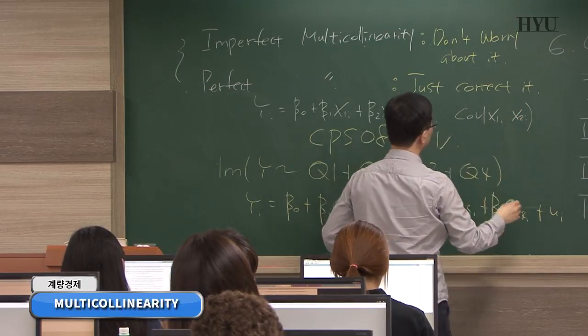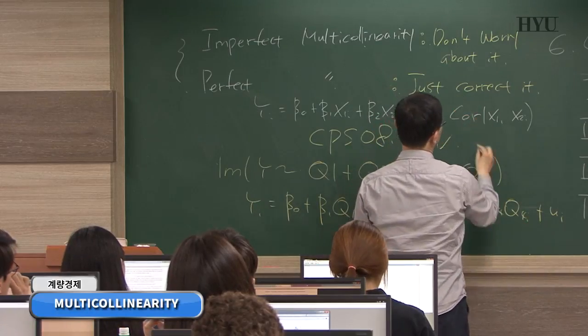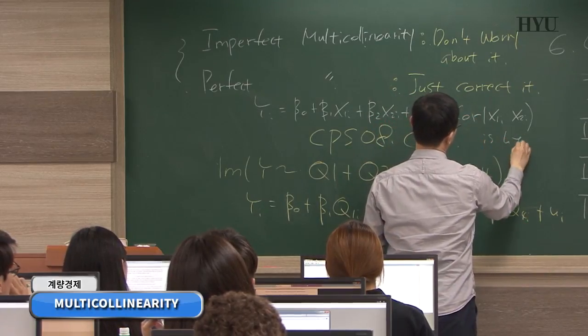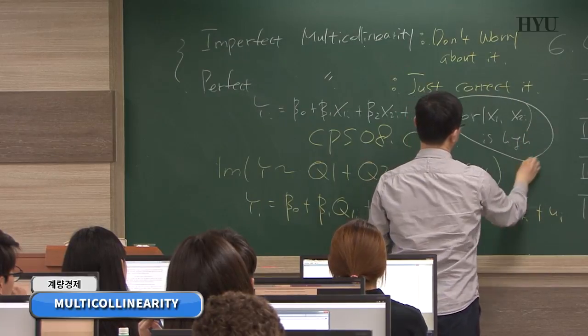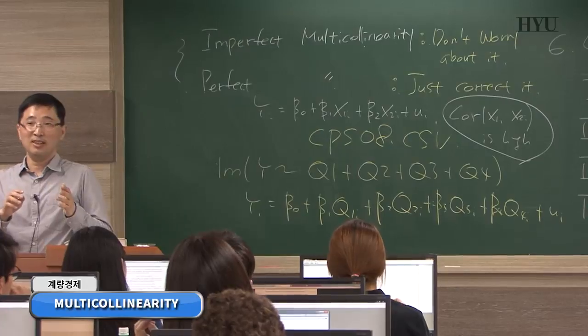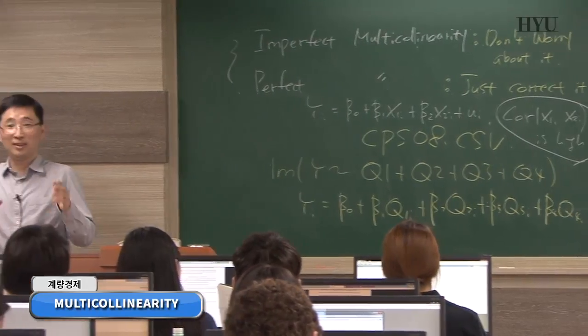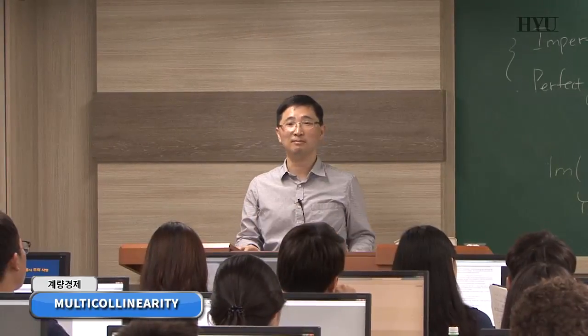Maybe it's better to use the correlation coefficient. So what it means is that your x2 looks like x1. It doesn't look exactly like x1, but it's kind of close.